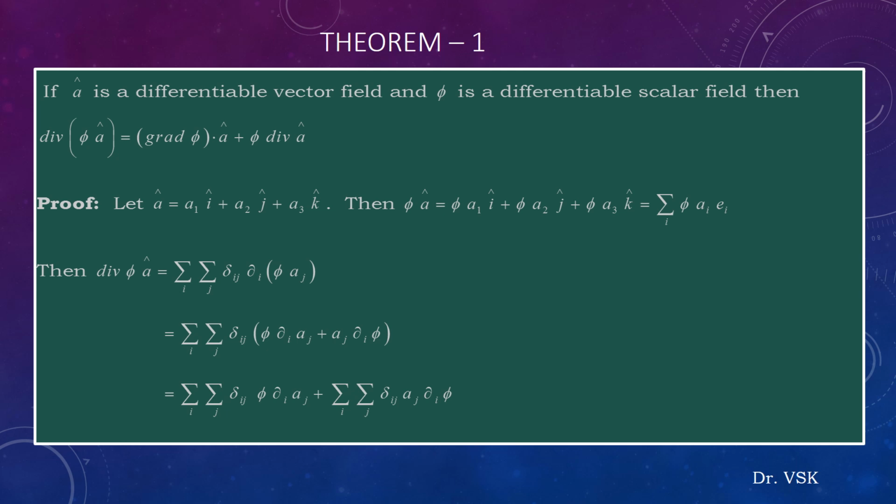Now let us distribute the summations. Then we obtain the divergence of phi a cap equals summation sigma over i, summation sigma over j, delta sub ij phi dou i aj plus again summation sigma over i, summation sigma over j, delta sub ij aj dou i phi.